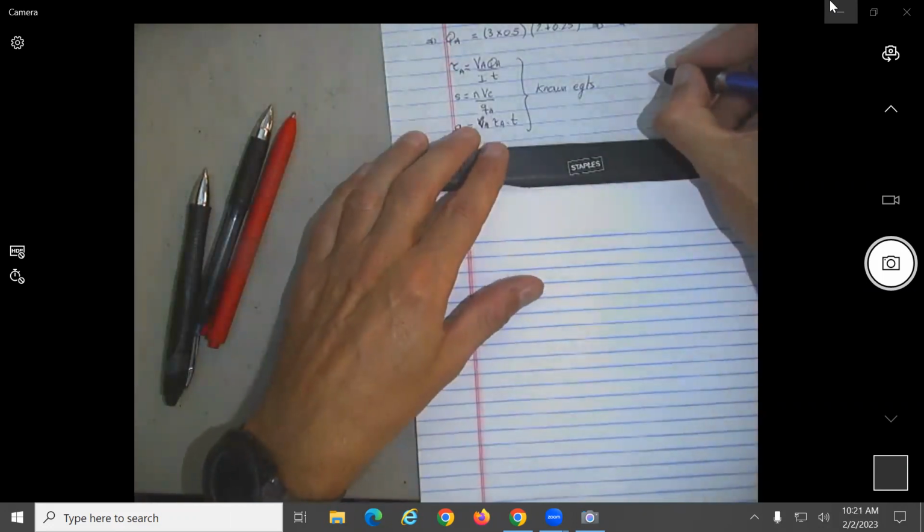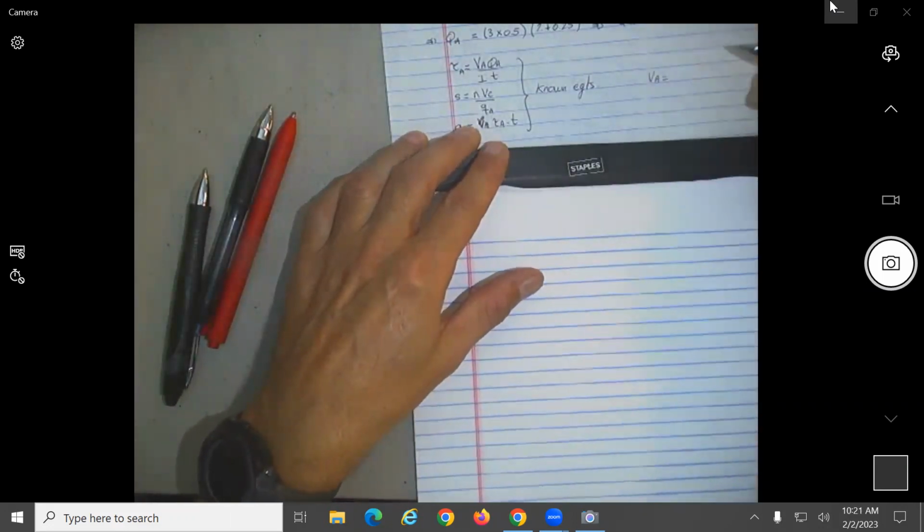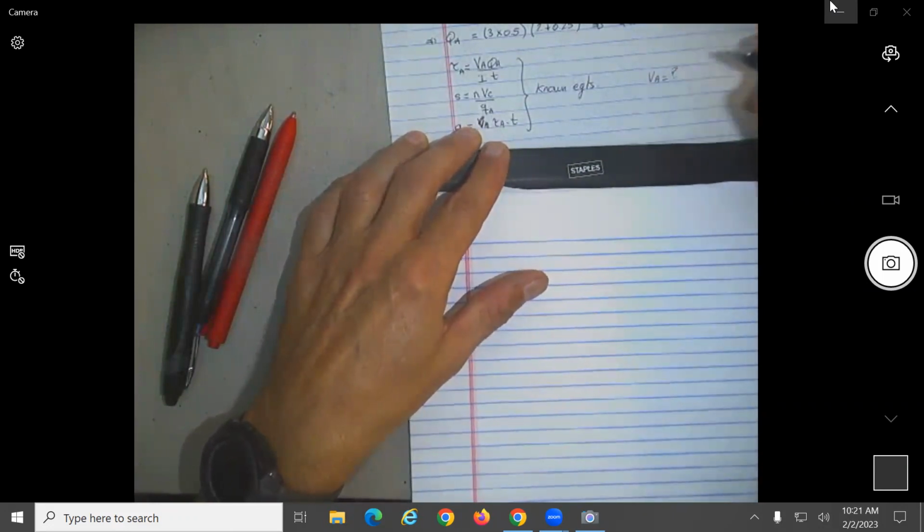What is the variable that we need to determine? What is the question? Okay, the total shear force. Since we have two cases, we call V sub A for case A, V sub B for case B, no? So what we need to do is find V sub A, the maximum shear force, all right?